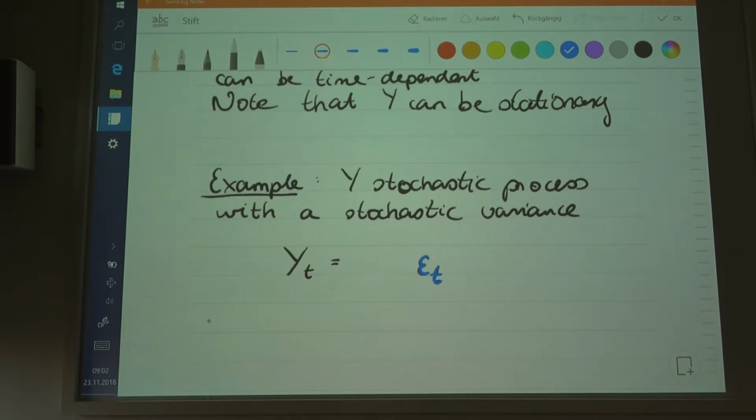Epsilon is a white noise, where the corresponding values are independently and identically distributed, where the mean is equal to 0 and the variance this time is equal to 1.